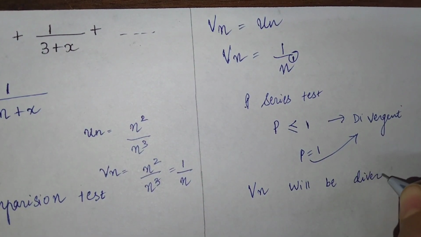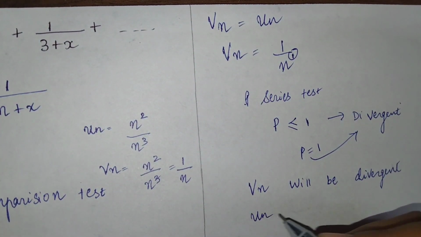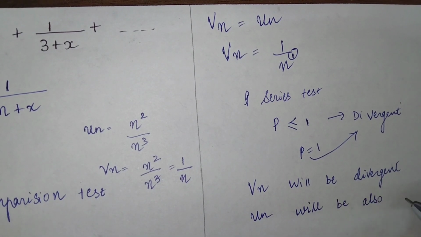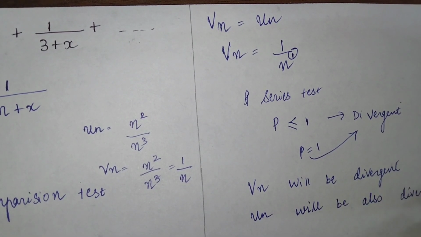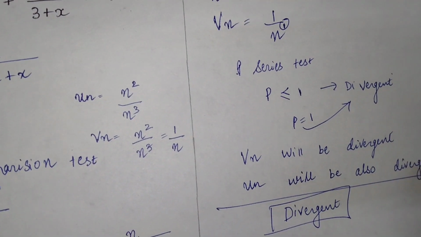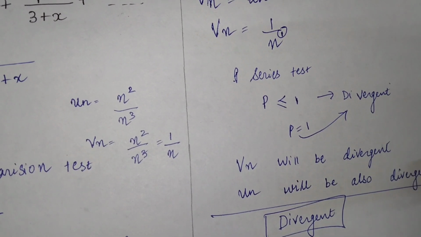And if Vn is divergent, then Vn is equivalent to Un, so Un will be also divergent. Okay? So, answer of this question will be divergent. Okay, so in this way you have to solve the examples according to comparison test.